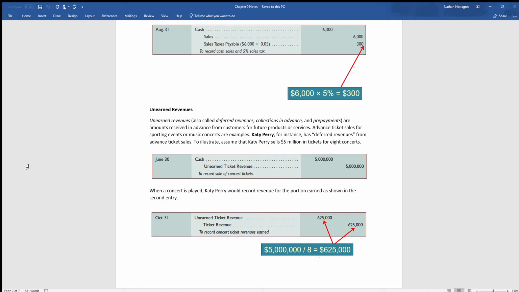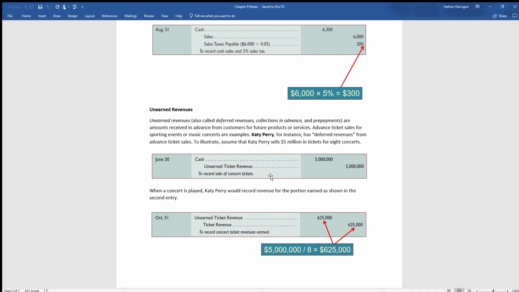So, if Katy Perry sells 5 million in tickets for 8 concerts, which wouldn't surprise me, we of course have to record the unearned revenue first. So cash gets debited by the 5 million, and unearned revenue gets credited for that 5 million.